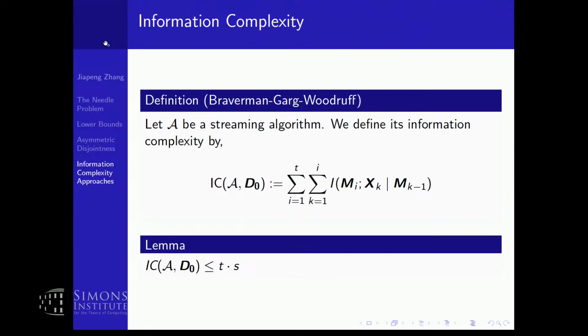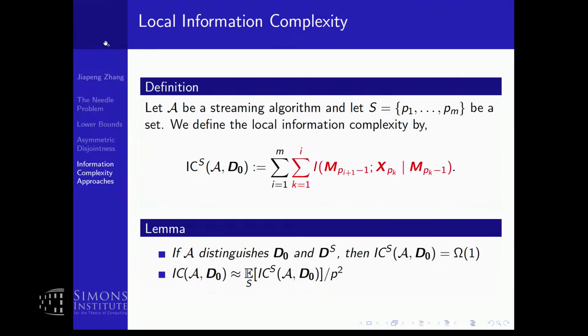Now let me introduce the local information complexity. This one really reveals the intuition. Let's say we have a set S of potential needles. We fix S and define the local information complexity related to S in the following way.